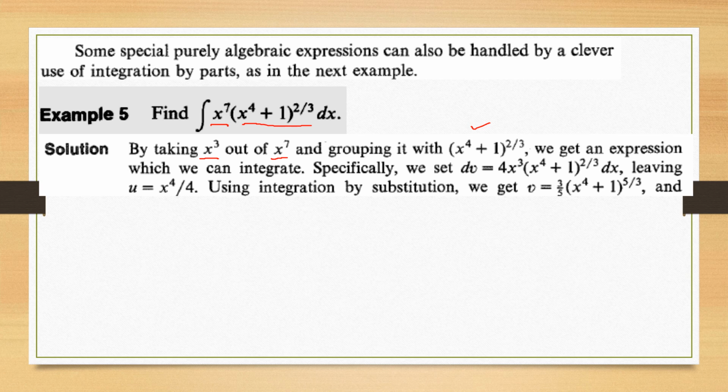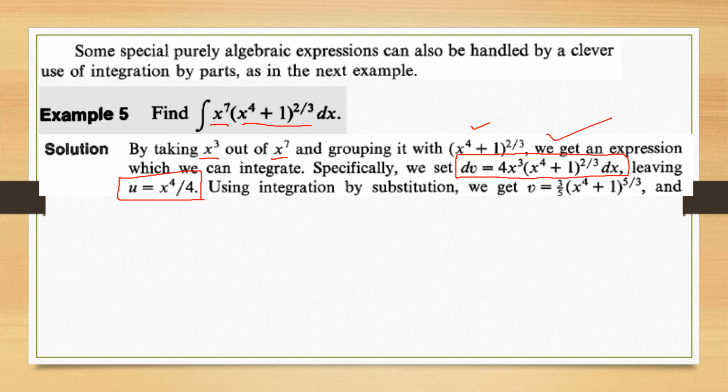Specifically, we set this as dv. So we select u equal to this thing. u is equal to this while dv is equal to this.